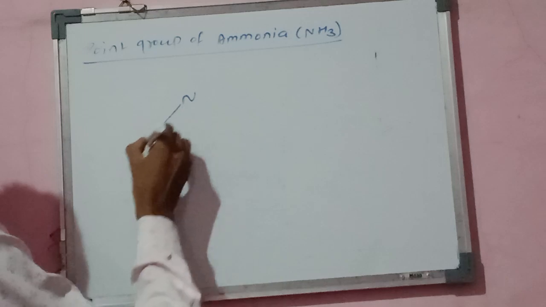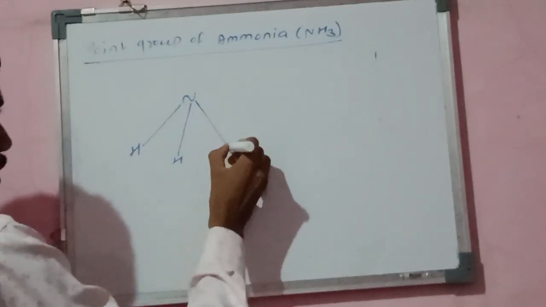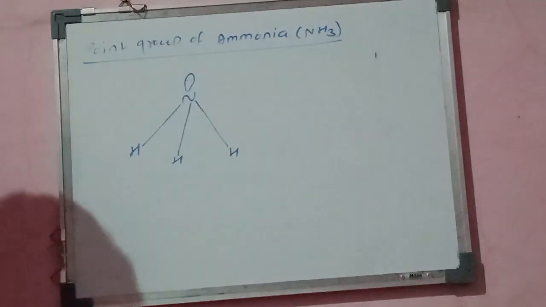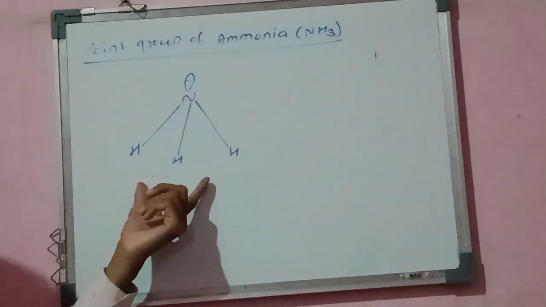Okay, the structure of ammonia has one lone pair of electrons. Okay, that is the pyramidal structure.